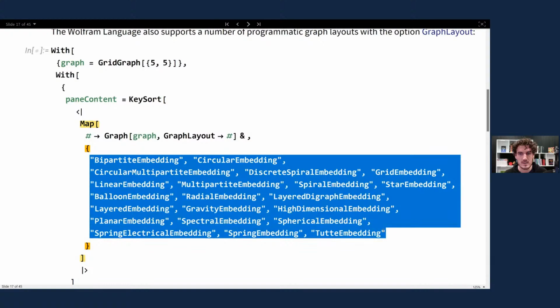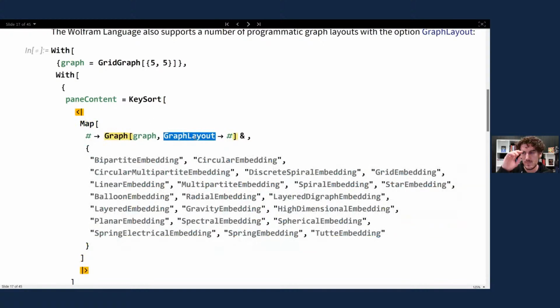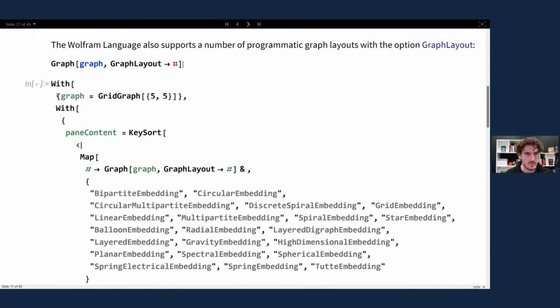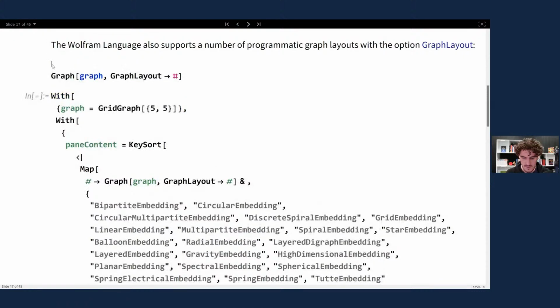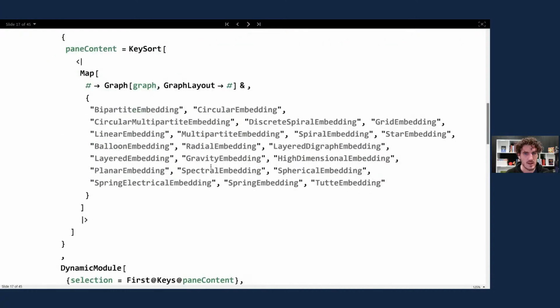These embeddings are just what we say the graph layout should be. So let's take this piece of code, take out the bits we need, and then let's pick one of these. Linear embedding.